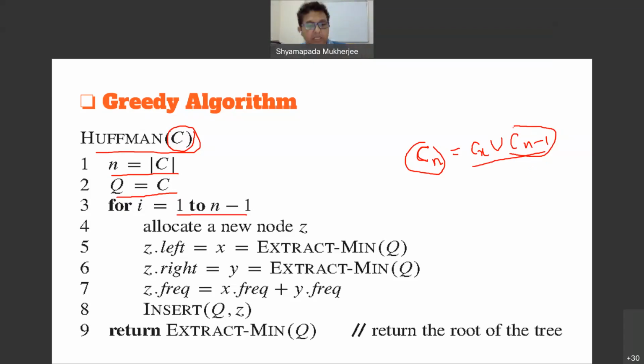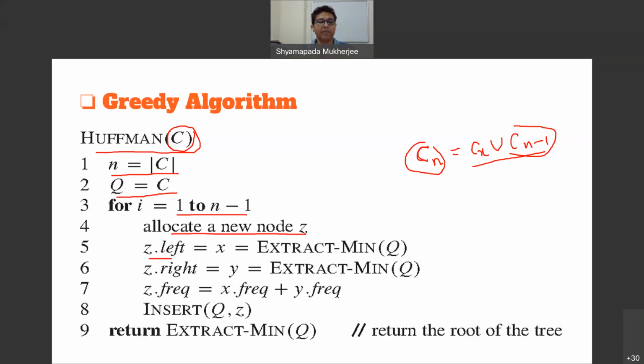So we will traverse all the nodes of the priority queue one by one. Allocate a new node Z, one node we are creating for the tree.